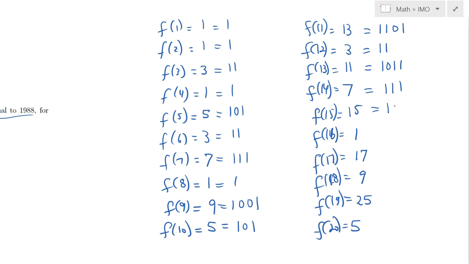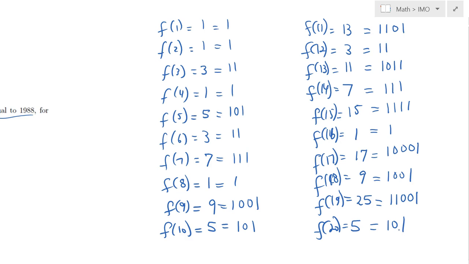This one is 8 plus 4 plus 2 plus 1 again. 1 0 0 0 1, 16 plus no 8, no 4, no 2, and then 1. And this one is again 1 0 0 1, and 25 would be 16 plus 8 plus no 4 in it, no 2 in it, and then 1. Finally 5 is, we did it earlier, 1 0 1.